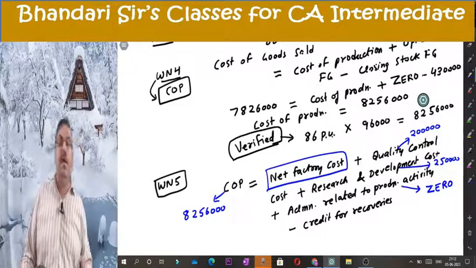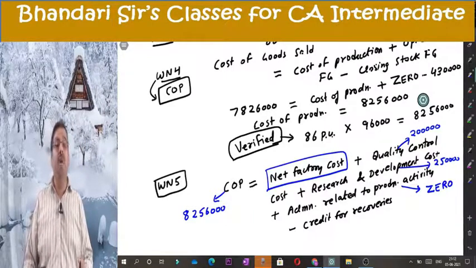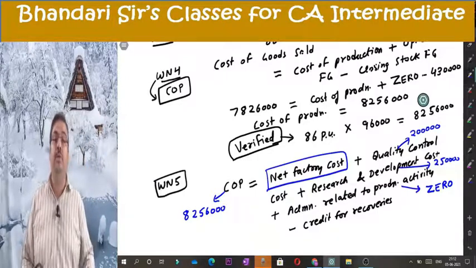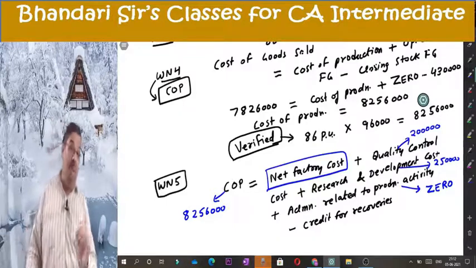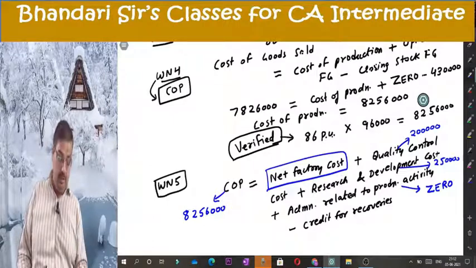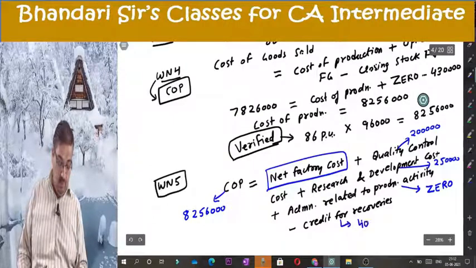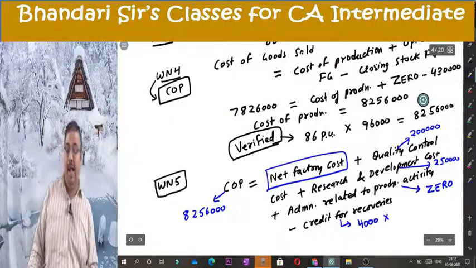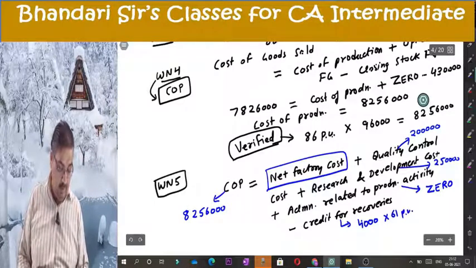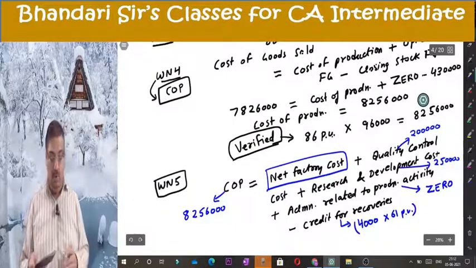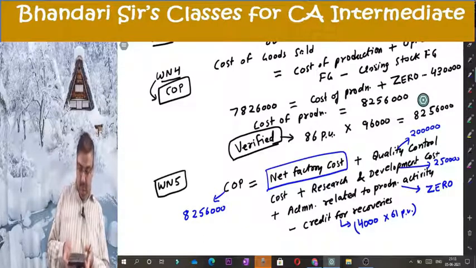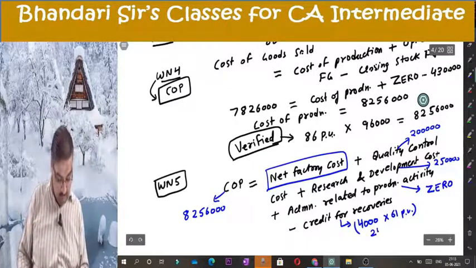It is assumed, you can write assumption, but even otherwise, when it is written general administration, don't consider it to be related to production activity. Credit for recovery I have told you already. Scrap is 4,000 units, and every unit was to be scrapped at 61 per unit given in question. So 4,000 into 61 becomes 2,44,000.